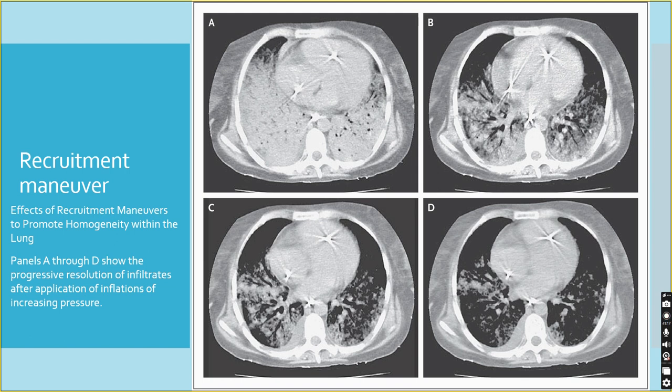So this is the beauty of the recruitment maneuver. But you have to remember, it may again cause barotrauma. The patient may develop pneumothorax, or severe cardiac collapse. So it should be done extremely carefully, and probably by an experienced person. Next slide.